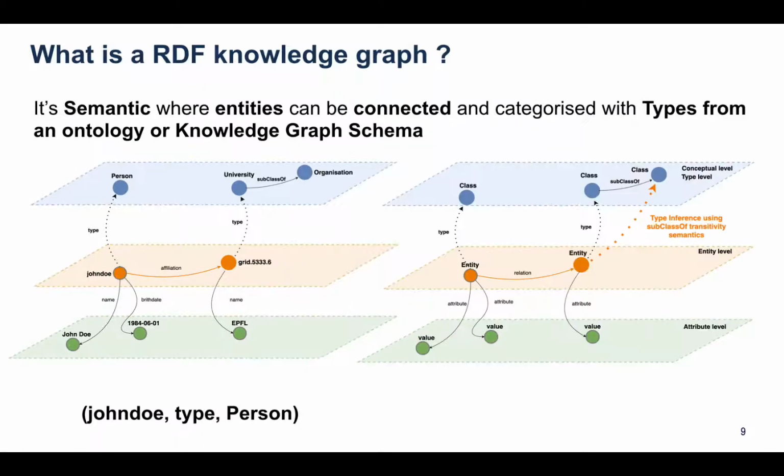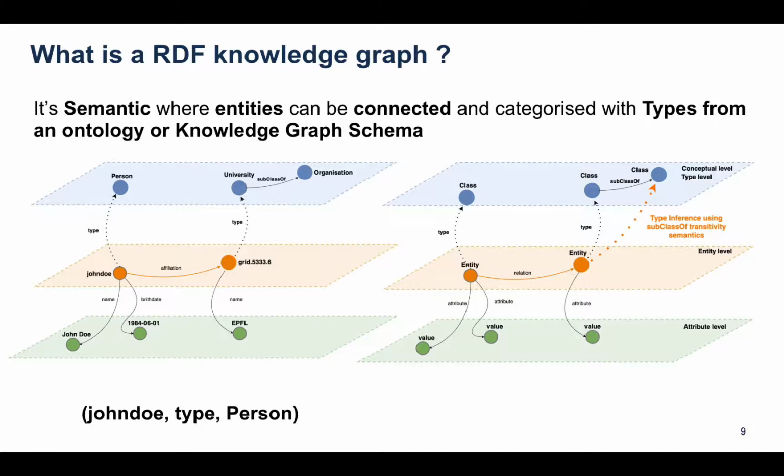It's a graph and it's semantic as well, because of the expressiveness of what you can express. For example, if I take the three layers again, there is the conceptual layer, the one above, where you can categorize things. You can classify entities like type information, and relate the classes by subclass of, where a class is more specific than the other.